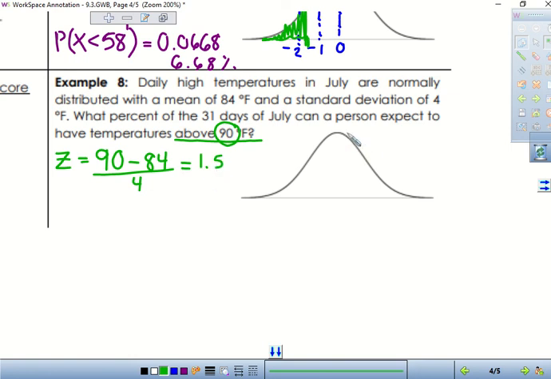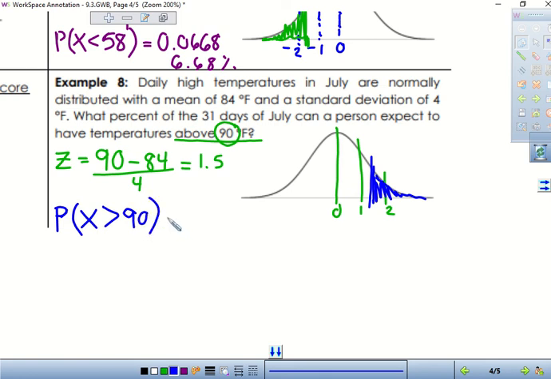Remember, if this is 0, this is 1, and this is 2, 1.5 is going to be somewhere around here, right? And we want to find all of this that comes after it, above it, instead of below it. So because we're trying to find the probability that x is greater than 90, above 90, that's going to be equal to 1 minus whatever the chart tells us for 1.5.